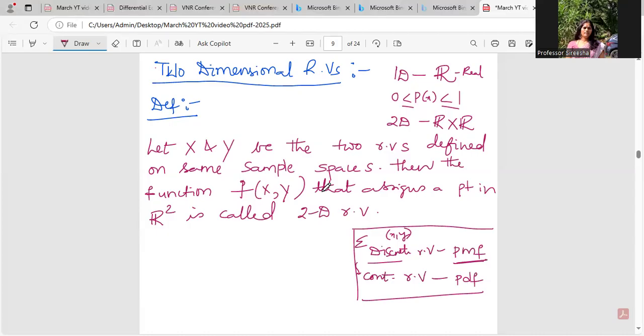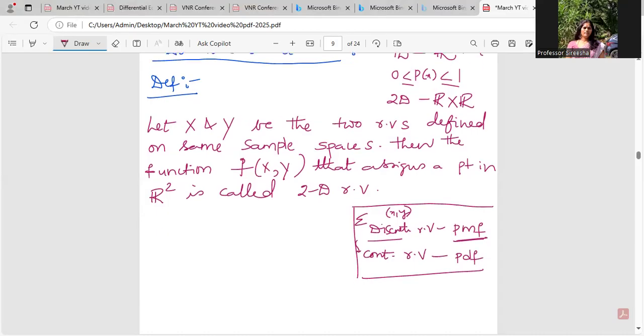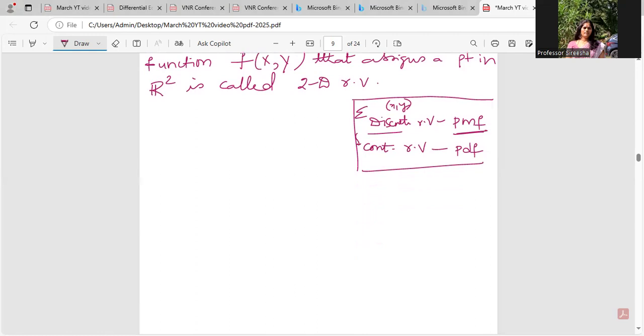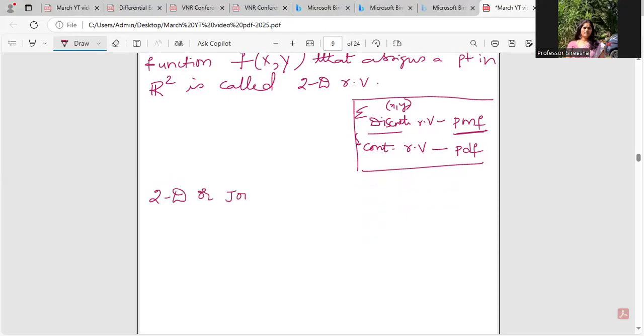Okay. Now, let's see how we will write the 2D probability mass function. It would be called the joint probability distribution or joint probability mass function. Two-dimensional, or joint, either of the names.